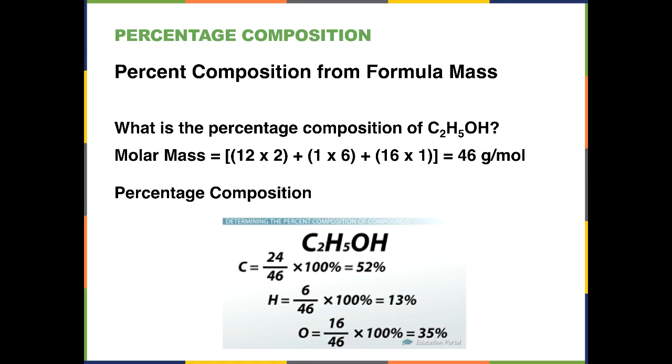There's 6 grams of hydrogen in the total of 46, or 6 divided by 46 times 100, or 13% hydrogen. And then lastly, there's 16 grams of oxygen, or 16 divided by 46 times 100, or 35% oxygen. So there's 52% carbon, 13% hydrogen, and 35% oxygen in ethanol.